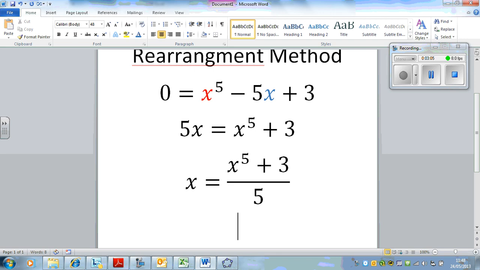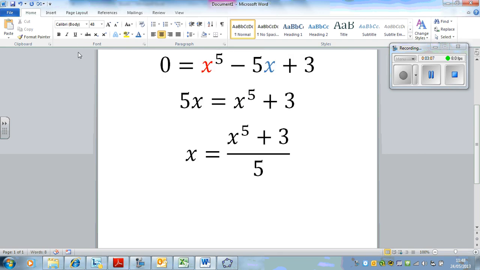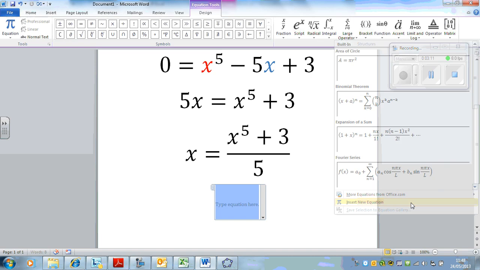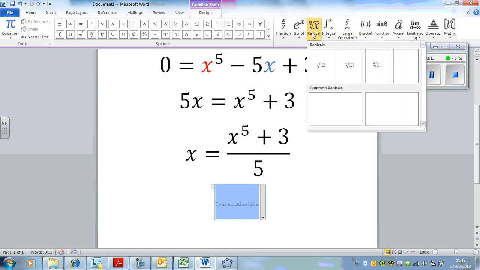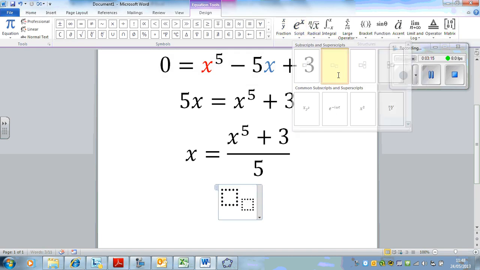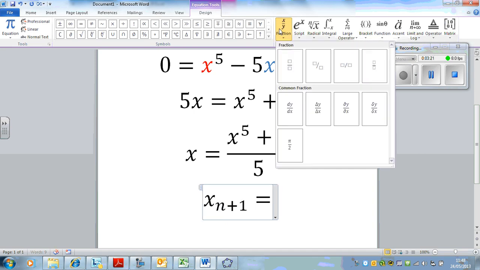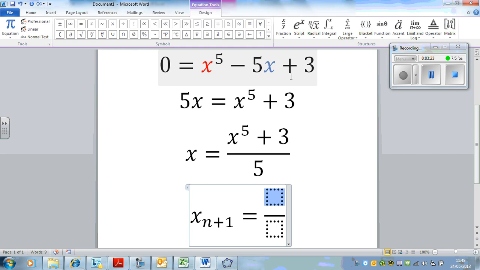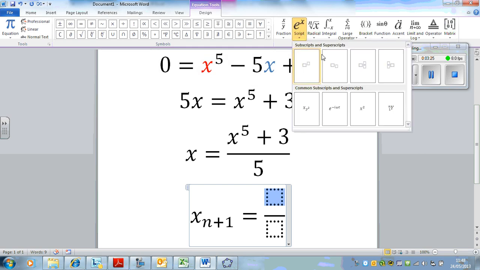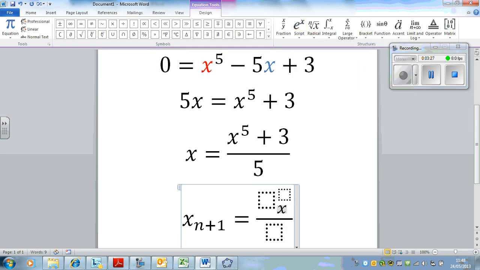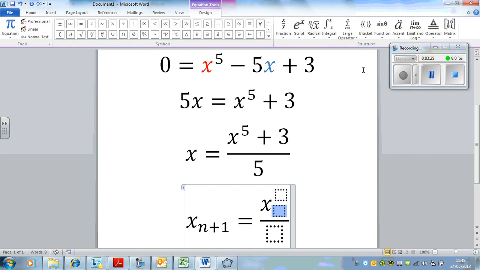Now what I'm going to do is write this again, but this time I'm going to use some subscripts, because this is going to make a sequence of numbers where the more numbers we take, hopefully it should take us closer to the solution.